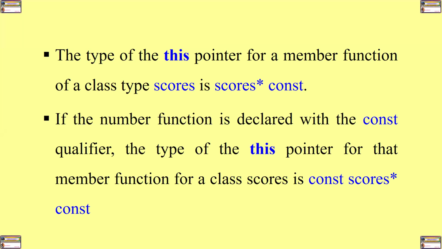If the member function is declared with the const qualifier, the type of the this pointer for that member function of class scores will be const scores pointer, then const.